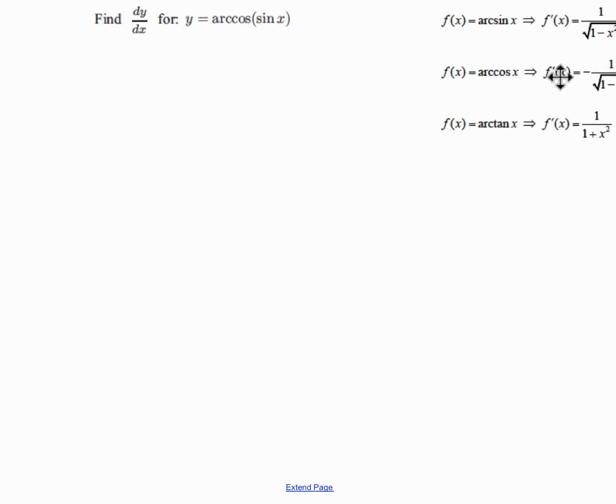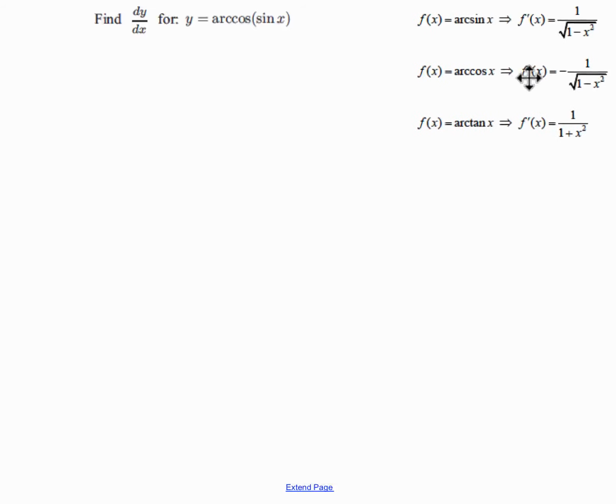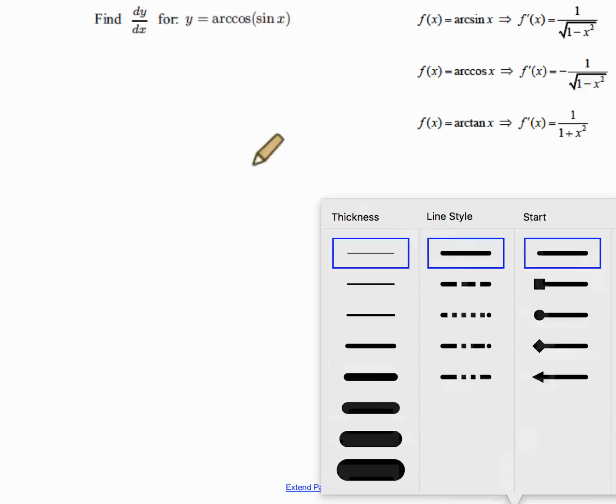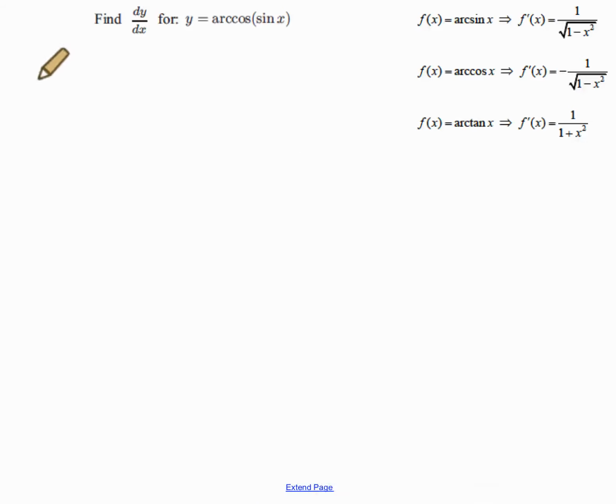Very straightforward. I want to move this over a bit. Find dy/dx for y equals arc cosine of the sine of x. So we get a little chain rule action going. So dy/dx is going to equal negative 1 over the square root of 1 minus sine squared x.